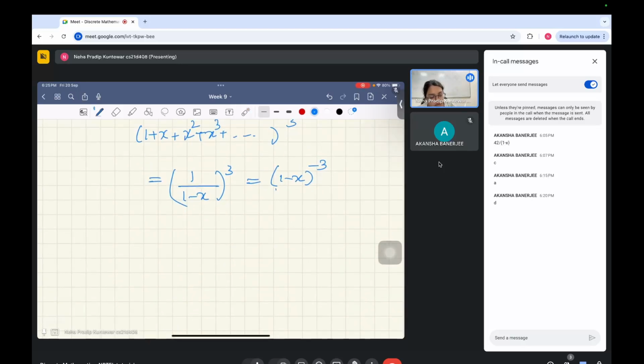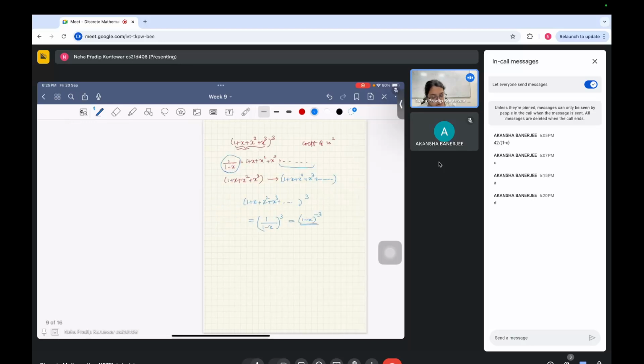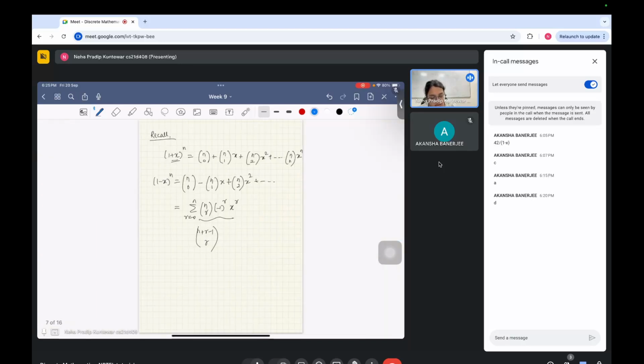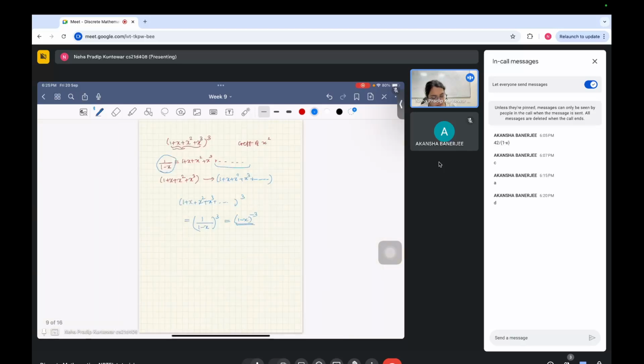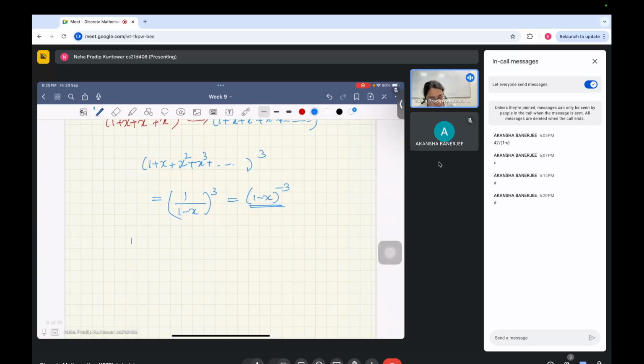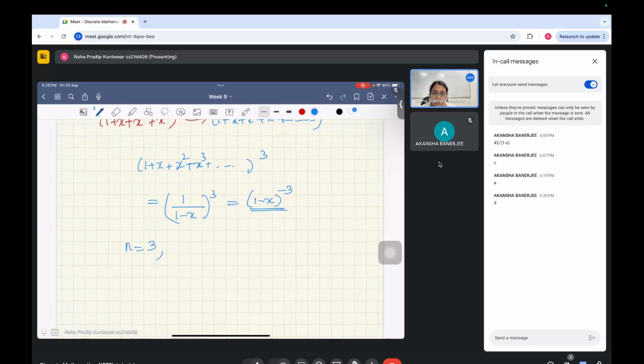Now you know from the formula that we just wrote that the coefficient of x to the r in the expansion of 1 minus x to the minus n is given by this. So now we will apply this formula. What is the value of n? n is 3. And what is r? r is 2, right?